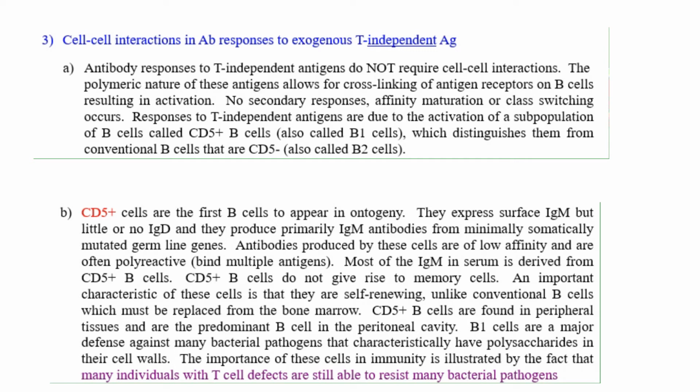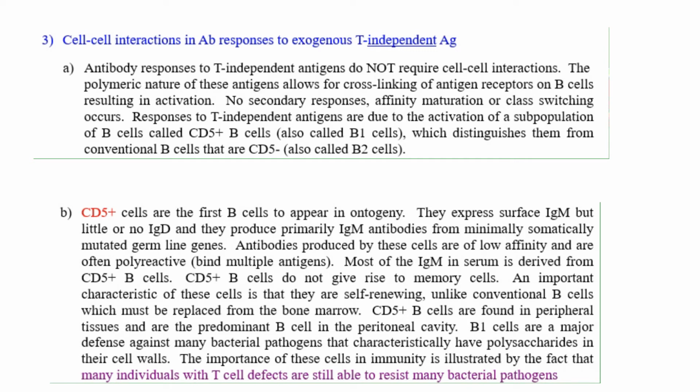Antibodies produced by these cells are of low affinity and often polyreactive. It is not a specific type. Most of the IgM in the serum is derived from the B1 cells. The CD5 positive or B1 cells do not give rise to memory cells.